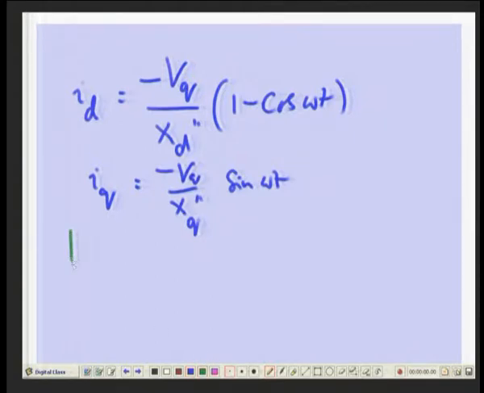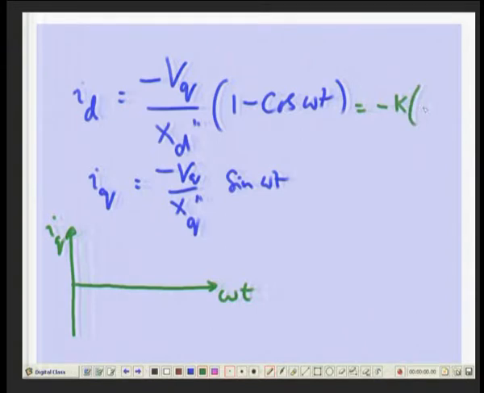So, if you plot IQ versus omega t, how will this be? So, we can say it is some minus some constant k1 into 1 minus cos omega t, isn't it?